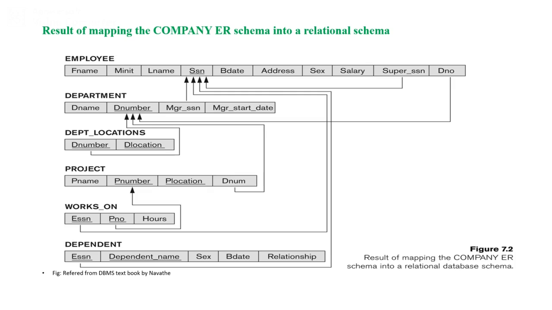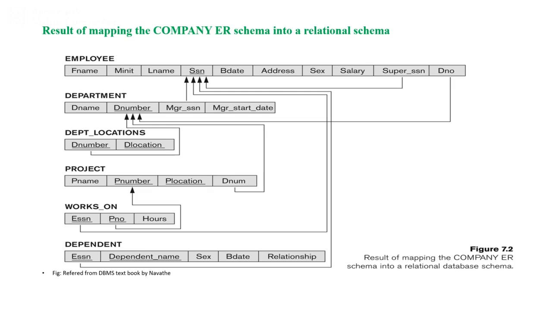It includes employee, department, department location, project, works on, and dependent. These are what we call entity types. From these entity types we are creating the company relations. Each entity type has a different set of attributes, and from those attributes, one attribute acts as the primary key.